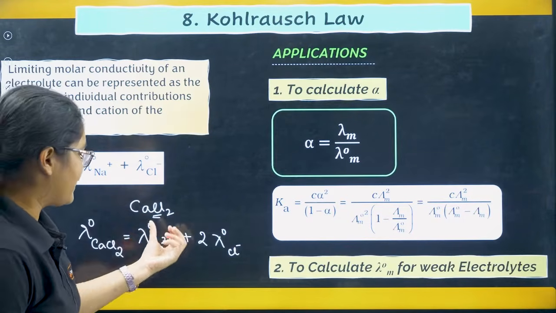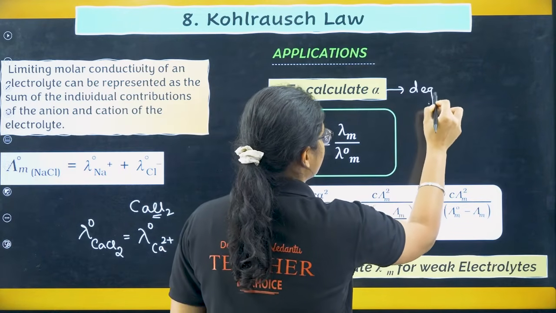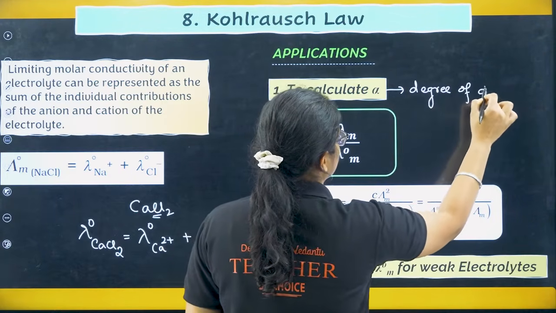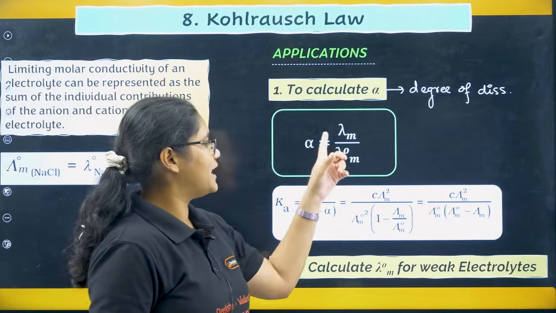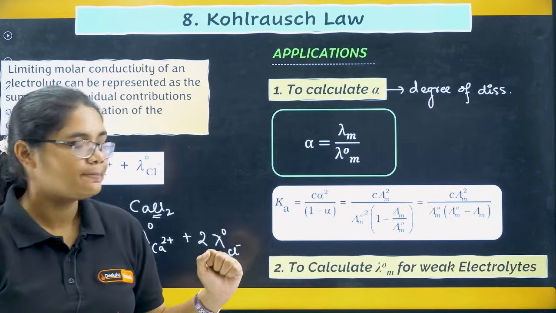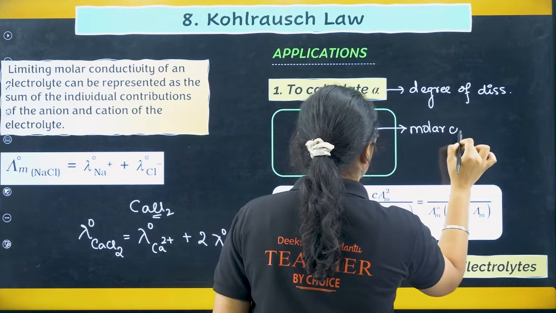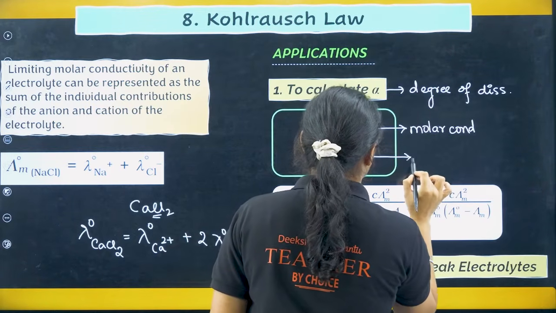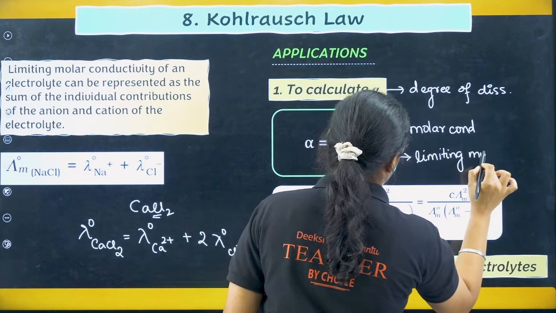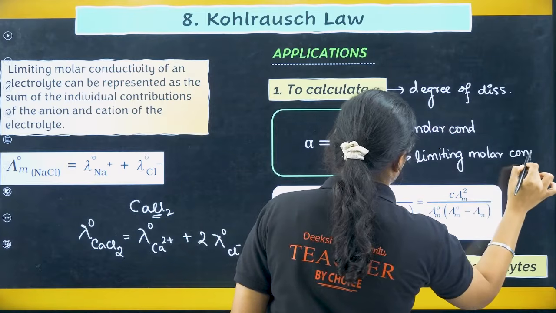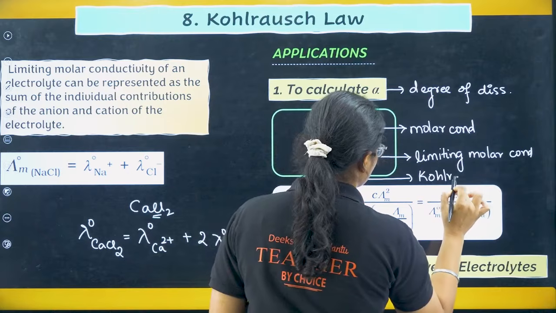Next, where this lambda m is used: it is used to calculate alpha, the degree of dissociation, which is equal to lambda m by lambda naught m, where lambda m is the molar conductivity and lambda naught m is the limiting molar conductivity, which can be calculated using Kohlrausch's law.